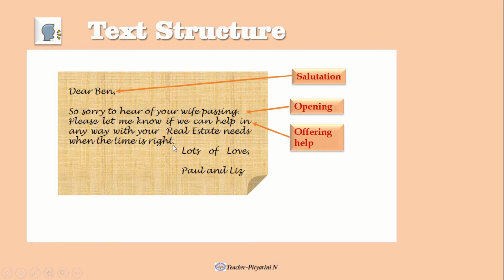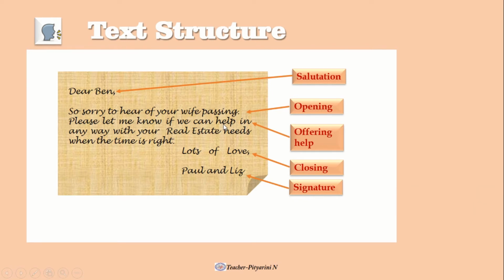Okay, so you keep it short. Then come to closing. For the closing here, you can write something like lots of love or with love or hugs. Okay, to make it sound close and warm. Then the very last one is your signature. You write your name here. Okay, so where do you write the offering help expressions? It's on the second sentence here.